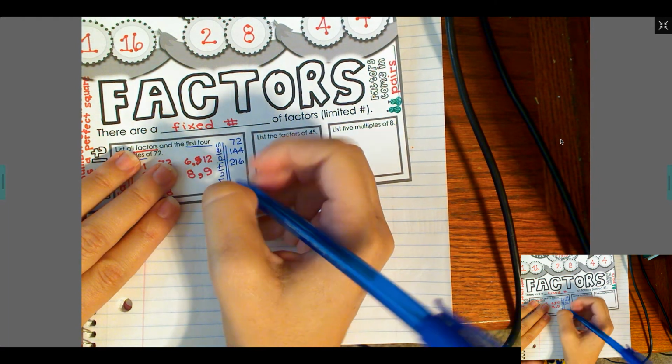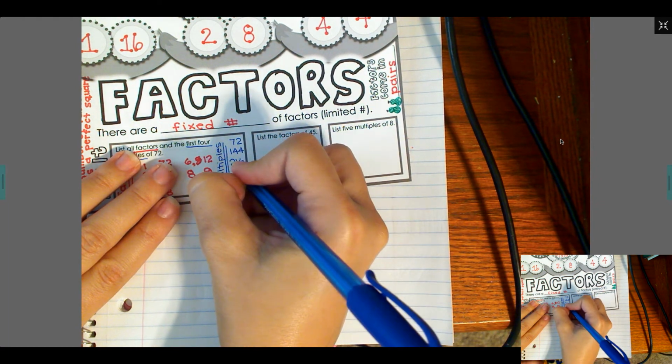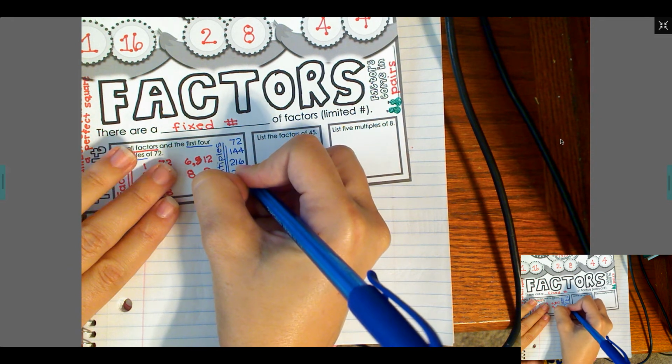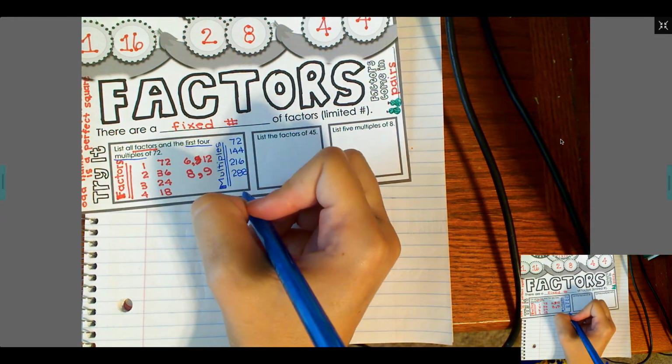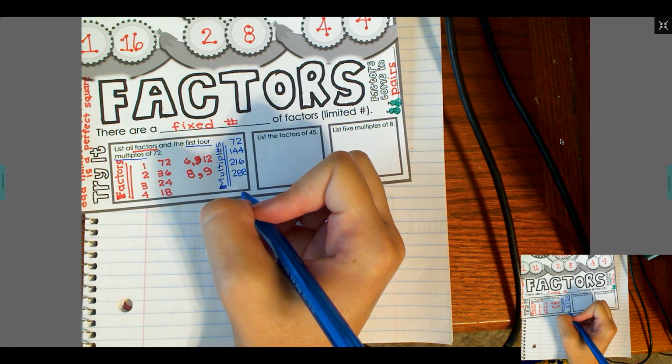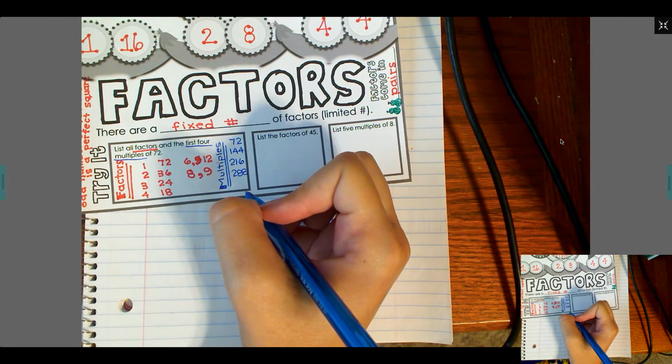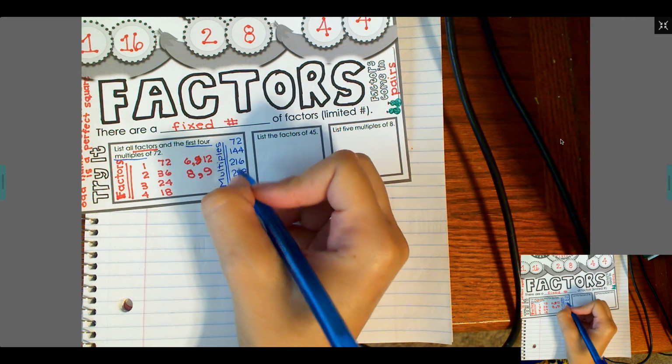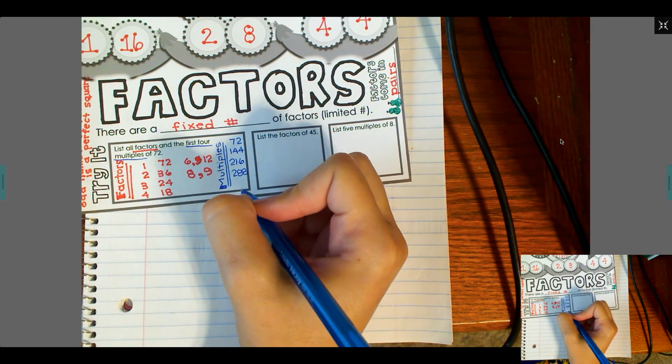And 72 times 4 is 288. Again, I could keep going. That's why there are a multitude of multiples. So 72, 144, 216, 288.